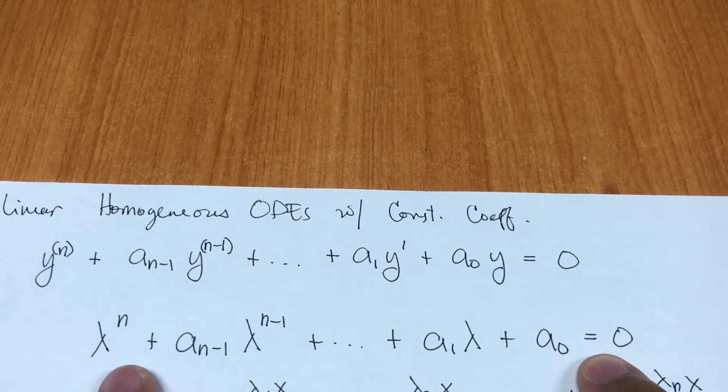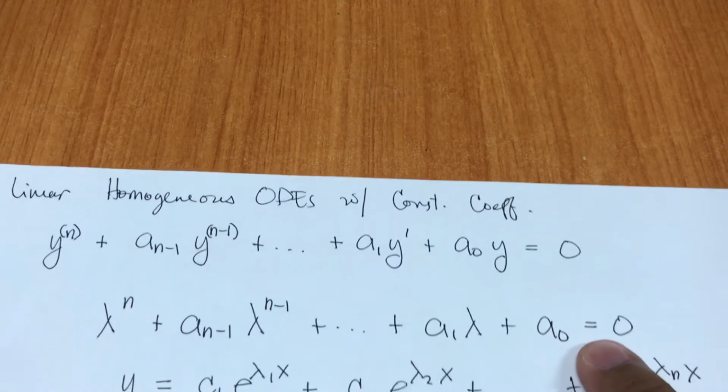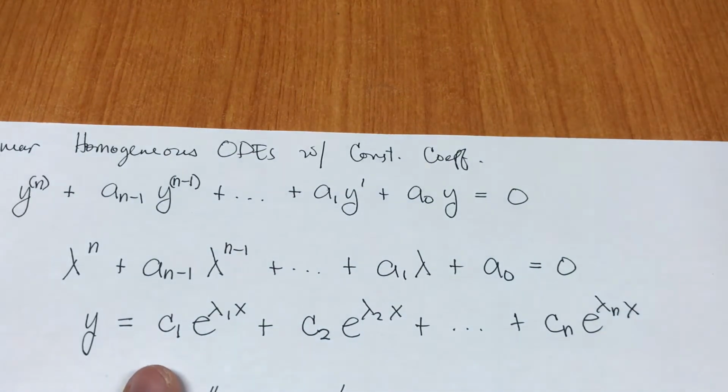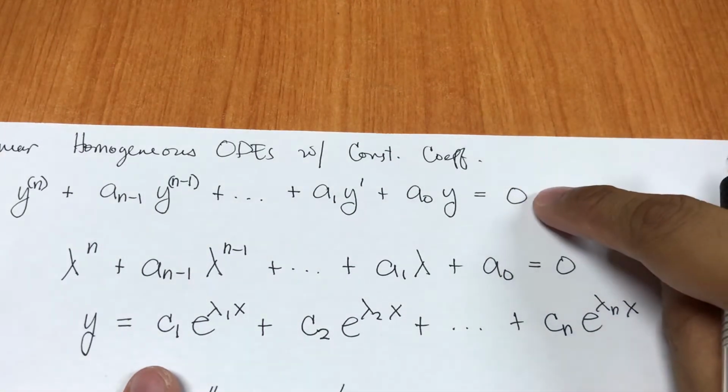So lambda would be our variable, solving for lambda, wherein lambda would be our roots. We have y equal to this one. So this is the solution to our linear homogeneous ODE with constant coefficients.